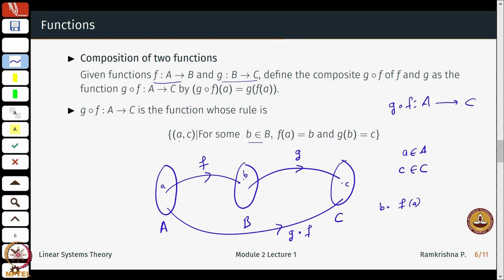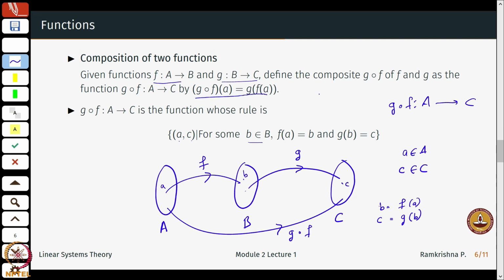G takes this point B as its argument and gives me a point C. So this is the general rule: A comma C, for some B in capital B which is the image of A under f, and C is the image of B under the map G. Okay, so this is now the rule.